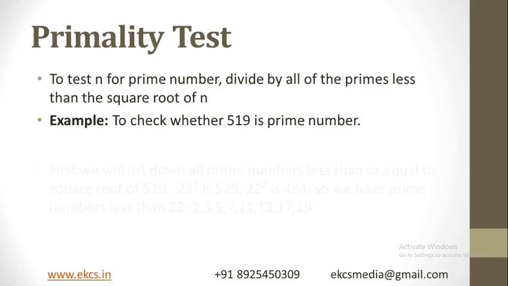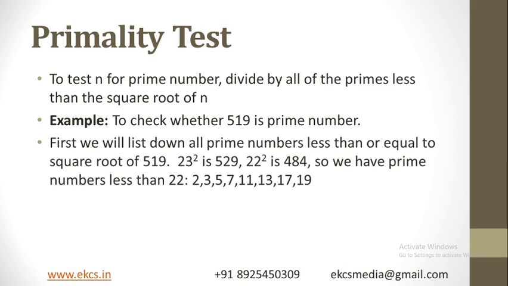The square root of 519 lies between 22 and 23, because 22 squared is 484, which is less than 519. Then the next natural number, 23 squared, is 529. So the square root of 519 lies between 22 and 23.